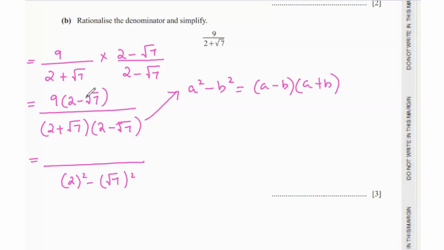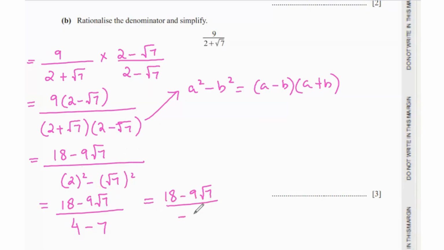And the numerator, we expand the brackets, so that's 18 minus 9 root 7. 2 squared is 4. Square root of 7 being squared is basically 7. It's 4 minus 7. So 18 minus 9 root 7 divided by negative 3. We can divide 18 by negative 3 and 9 by negative 3. So that's negative 6 plus 3 root 7.